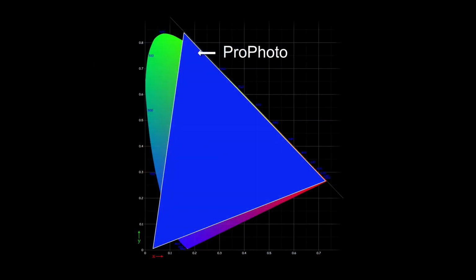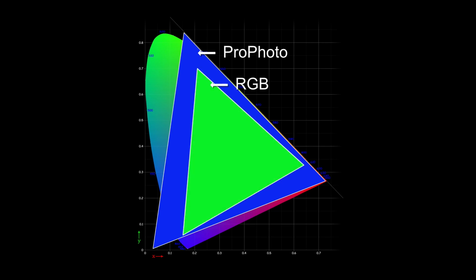So this right here is the three color spaces, or four really, that you're going to be familiar with or you're going to need to deal with. One is called Pro Photo, and Pro Photo has the widest color gamut, or in other words, it represents the most colors and the most saturation. The next one, the most common one that we hear, is RGB. Red, green, blue is what that stands for.